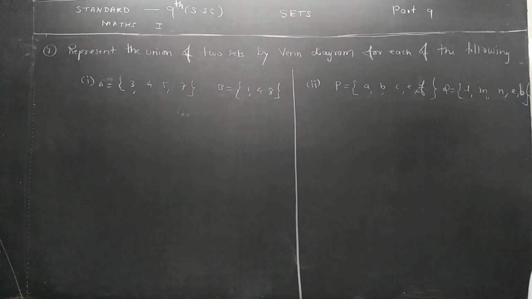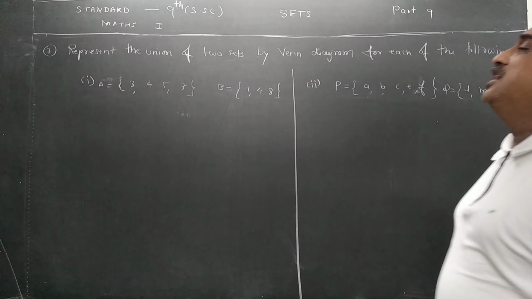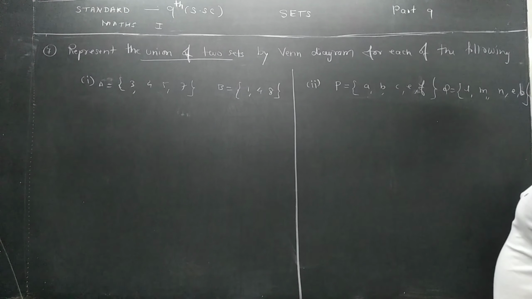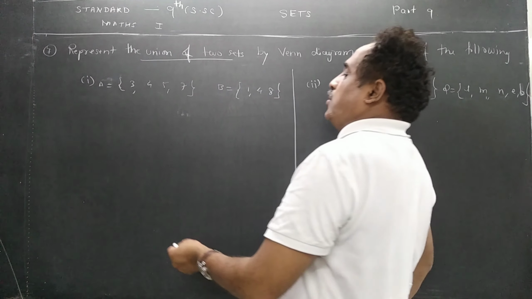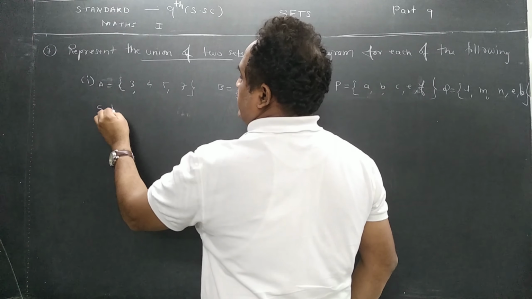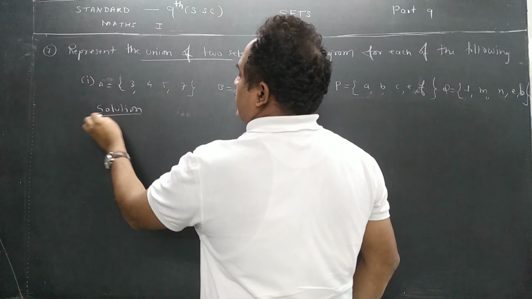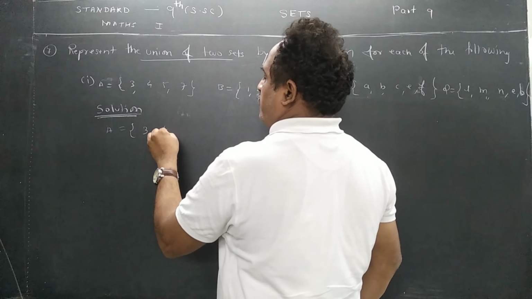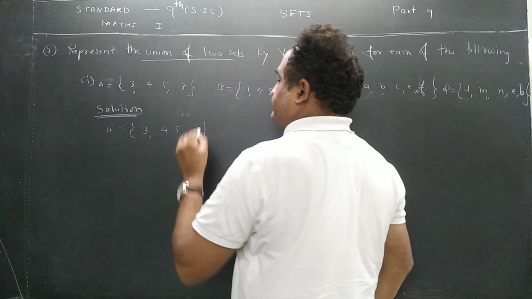Okay, you are given to represent the union of two sets by Venn diagram, each of the following. So first question, A is a set of 3, 4. I'll write it. Solution: A is a set of 3, 4, 5, 7.